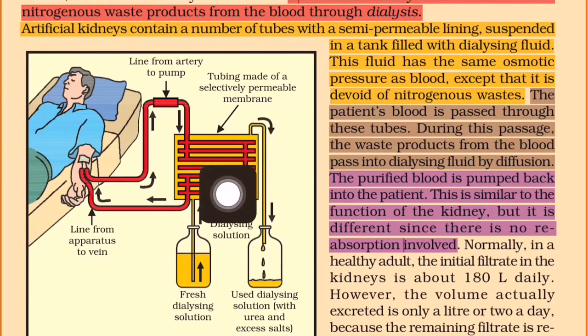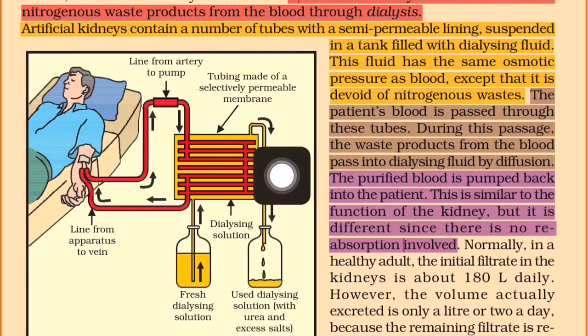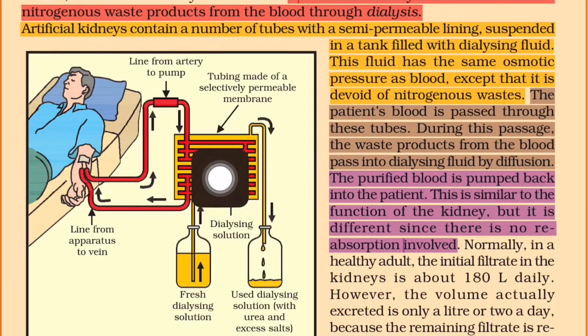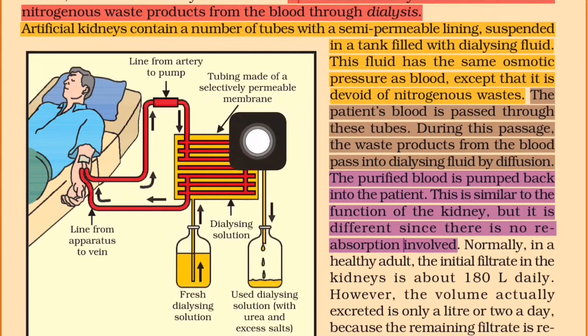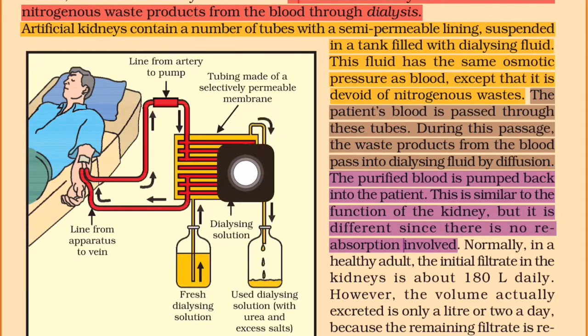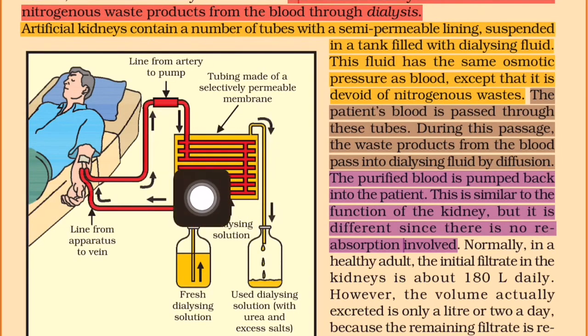That means this membrane may allow some of the material to come out, and it will restrict some of the material from going out. That is why this is called a selectively permeable membrane. These tubes are aligned in this way, and there is a tank, and this tank consists of a dialyzing solution.